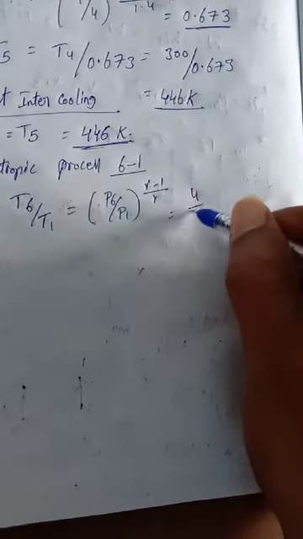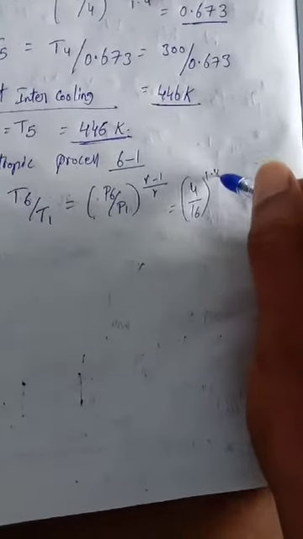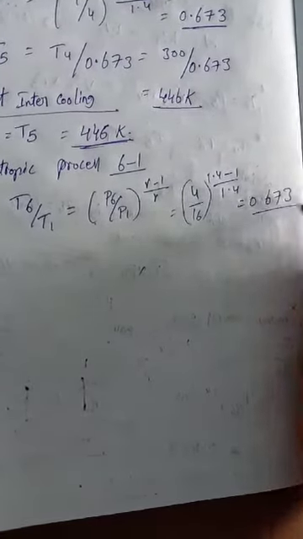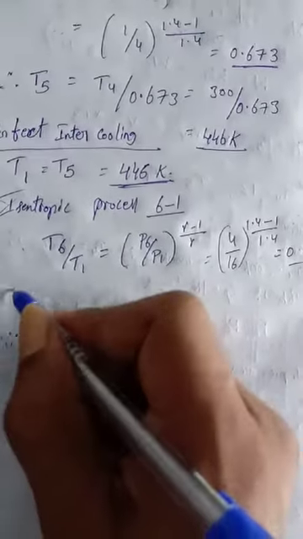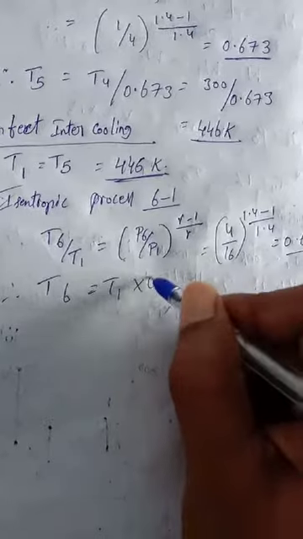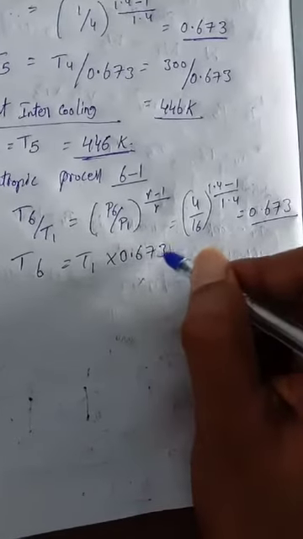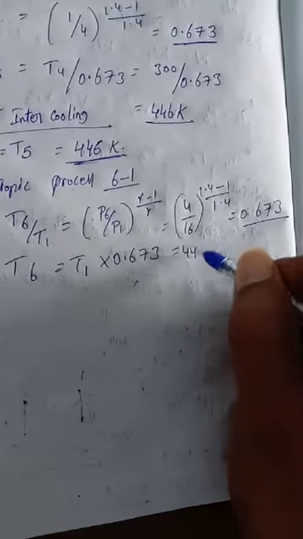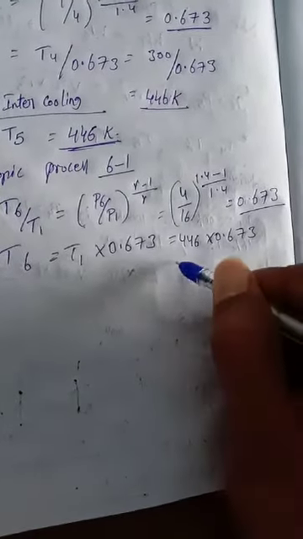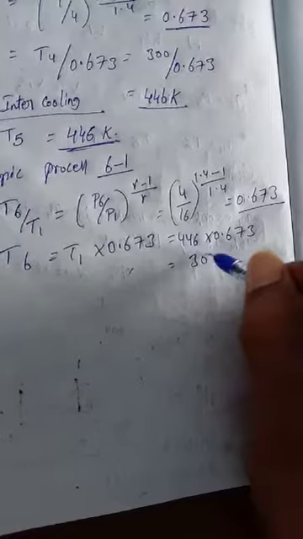Then substitute all the values here, we will get 0.673. Therefore T6 is equal to T1 into 0.673. So that is 446 into 0.673. Then the answer will come 300 kelvins.